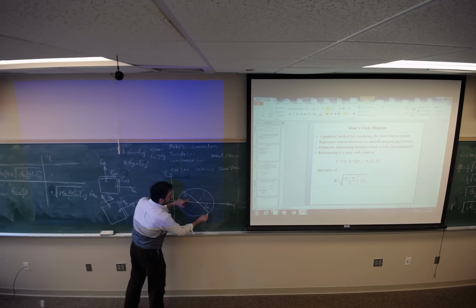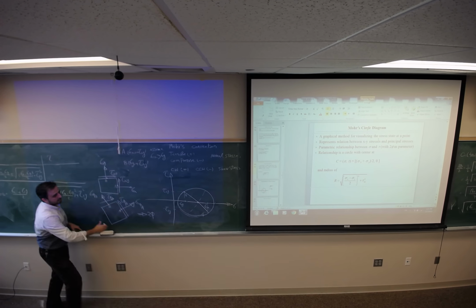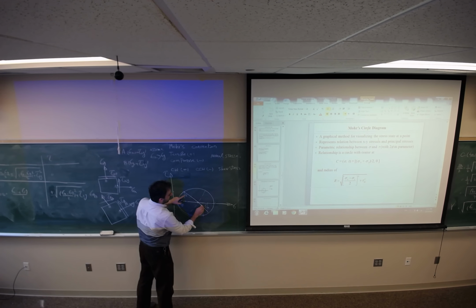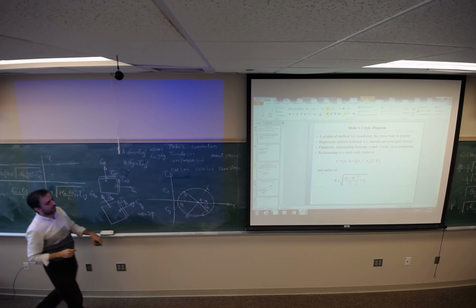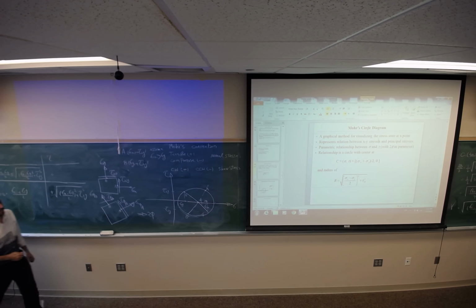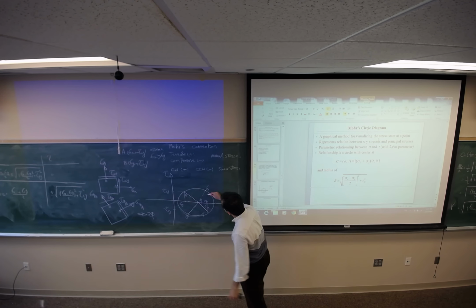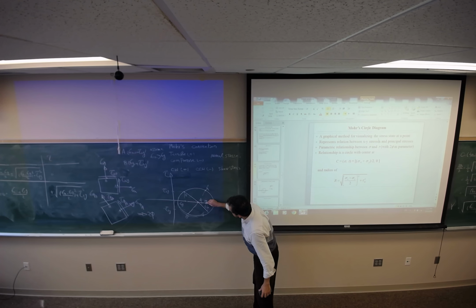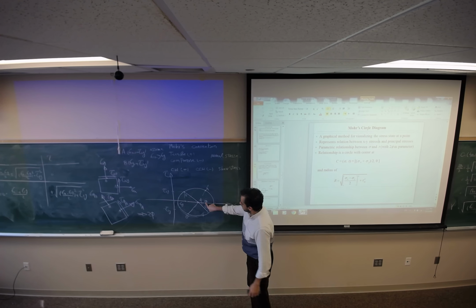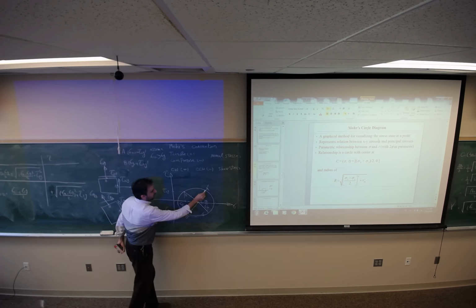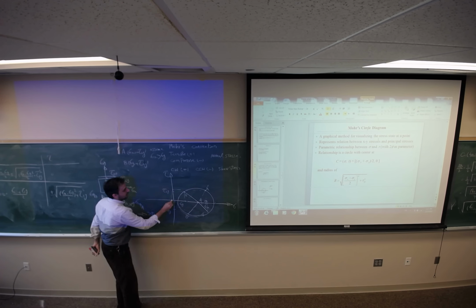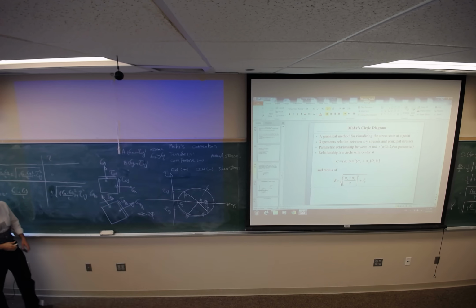I rotate it counterclockwise, so I should rotate this in the counterclockwise direction. So if this is 2 phi, point A is going to end up at the new location, and point B is going to be at the new location. Then I just need to read this number, and this number is going to be the sigma phi at point A, and if I read this number, it's going to be the shear stress at this plane.